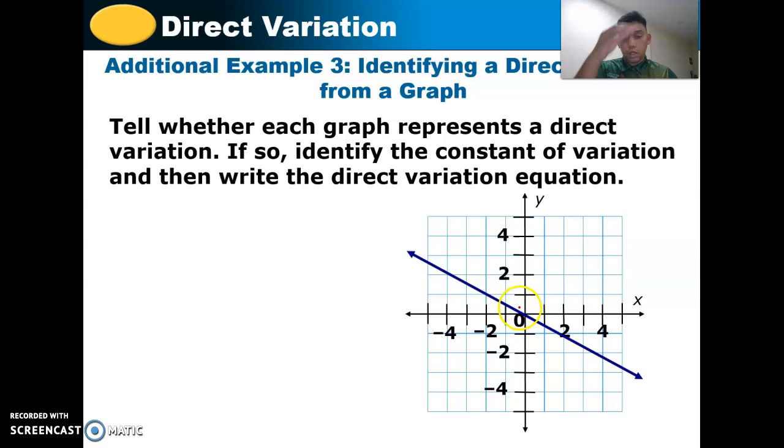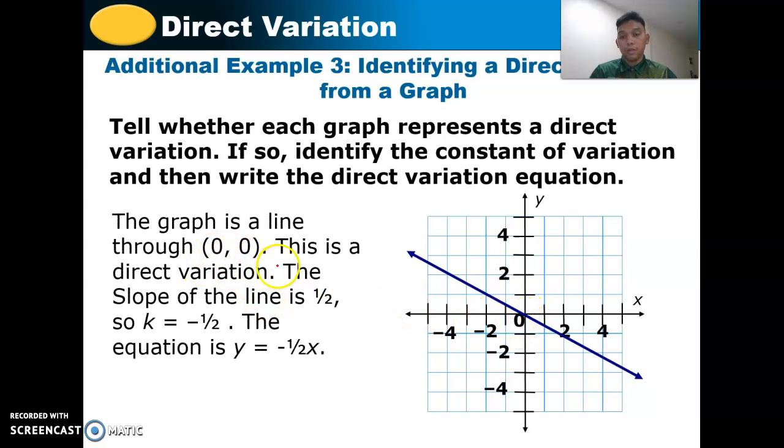Now let's start with this graph. In this graph, we don't know yet what the indicators are for a graph to be a direct variation. This graph passes through the origin (0, 0), right? And this is a direct variation because it passes through (0, 0), and the slope of the line is 1 over 2, or 1/2.